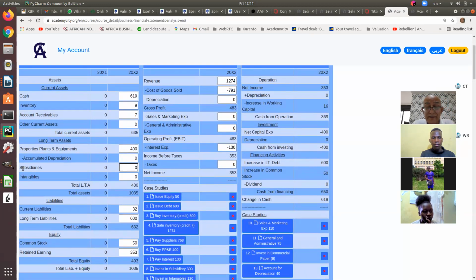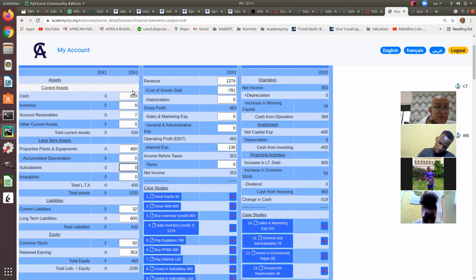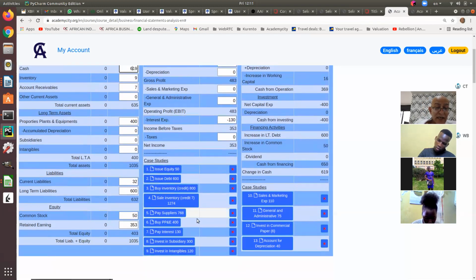The truth of the matter, this is a big topic. It's a huge topic in accounting. I'm not going to dive into it today. It will be too much. For now, I want you to remember buying another company is just like buying a machinery. Therefore, the effect of it will be that my cash is going to go down by the amount that I paid for that company.